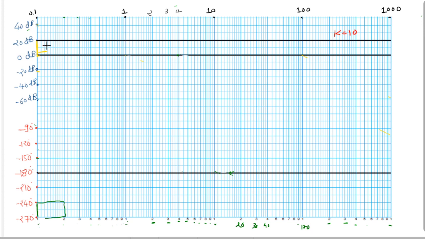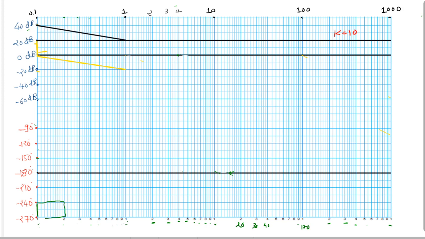Using the reference line at 0 decibel, I draw this, that is minus 20 on this scale. But here is our reference line, and we have to draw this slope from 20 decibel, so I am drawing it exactly parallel to this yellow line, so that we achieve the perfect value, that is minus 20.